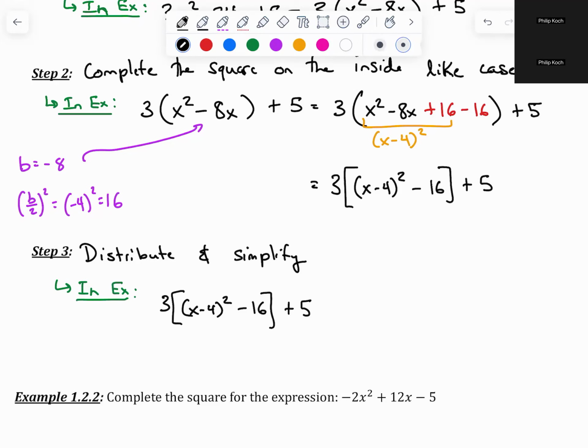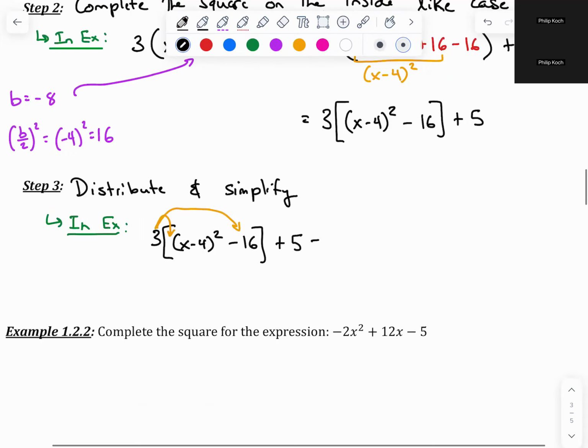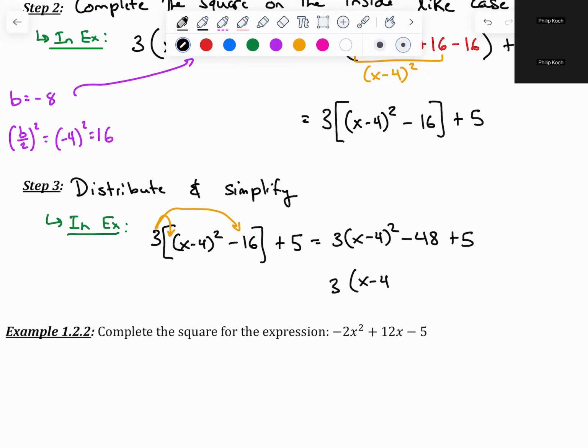I can't bring the 3 on the inside of the parentheses because it's not squared as well, but I can put it right out front like that, and then I can distribute it into the 16 as well. So it becomes 3 times the quantity (x minus 4) squared minus 48 plus 5, because 3 times 16 is 48. Then we can combine the negative 48 and the plus 5 to get our final answer, which will be 3 times the quantity (x minus 4) squared minus 43. And that is the completed square.